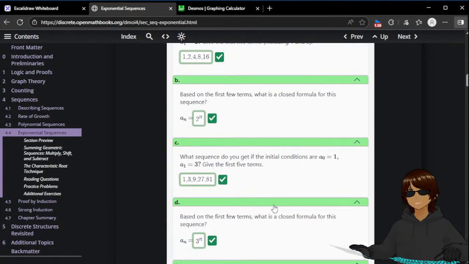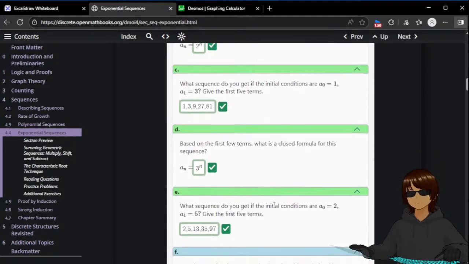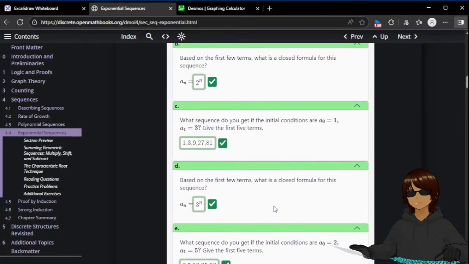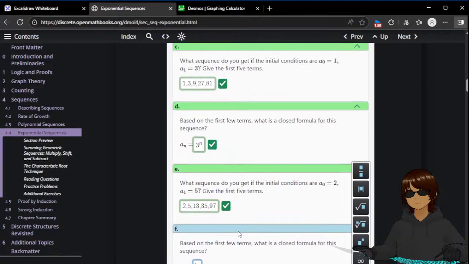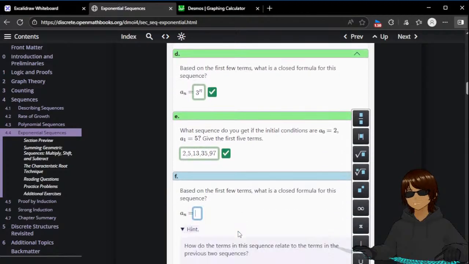So 1 plus 1, 2 plus 3, 4 plus 9 is 15. Sorry, 4 plus 9 is 13. So it's 2n plus 3n.